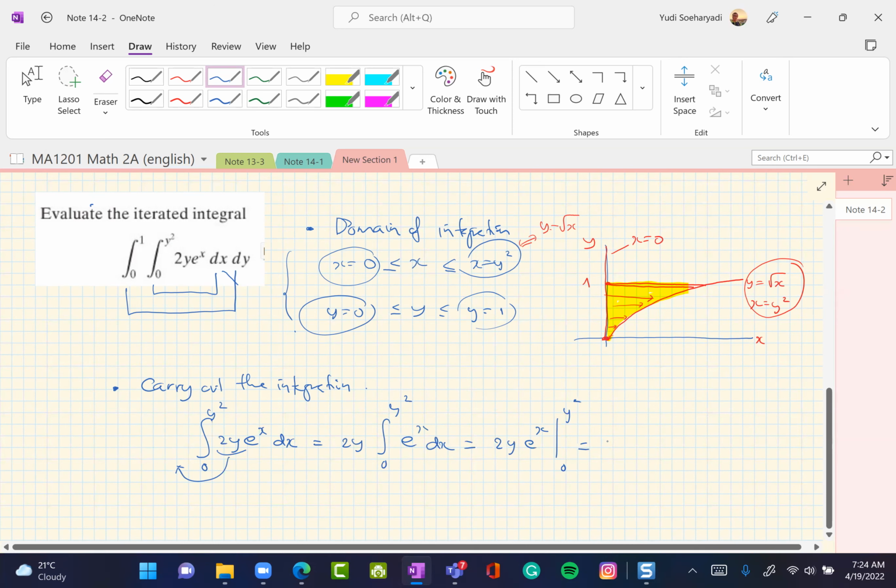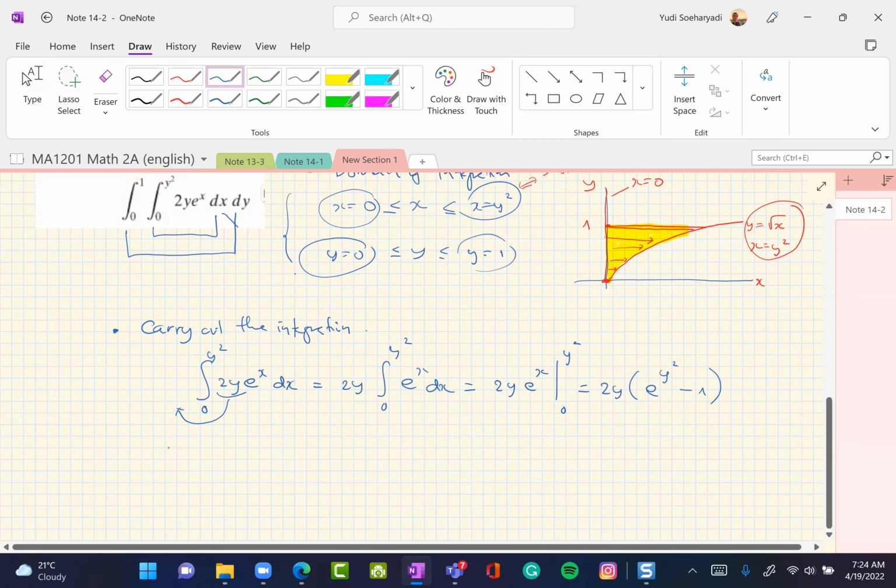So again we have here 2y e to the y squared minus e to the 0, which is 1. There. Okay, so then we carry out the outside integral.